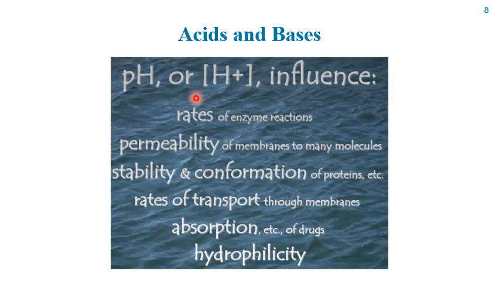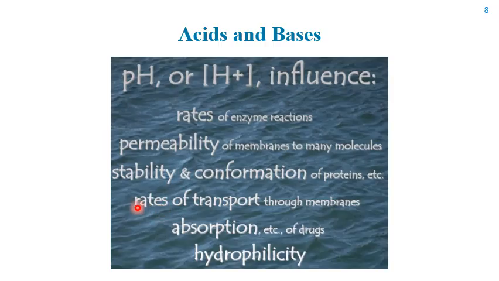Besides the function of proteins, we're going to look at the function of membranes and things that go in and out of membranes. That's called permeability of membranes, and it is very much linked to proper pH range. So the rate of enzymes, the stability and conformation of the enzymes and other proteins, and the rate of transport connected to the permeability of membranes are very much governed by changes in current or changes in charges.